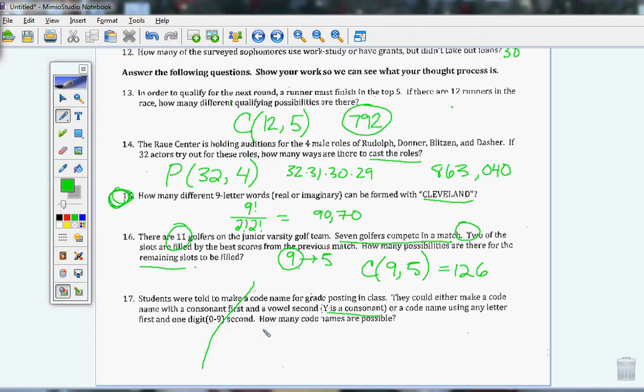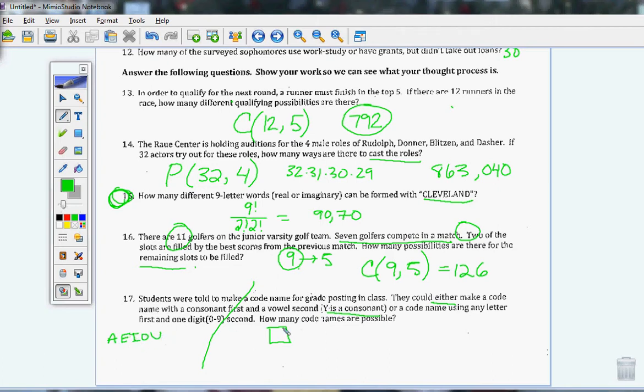All right, so let's think about this, really break this down. The first thing they could do, because it says they could either make a code name, consonant first, so right away we go here. There are 26 letters in the alphabet, but the vowels are A, E, I, O, and U. So that's 5.